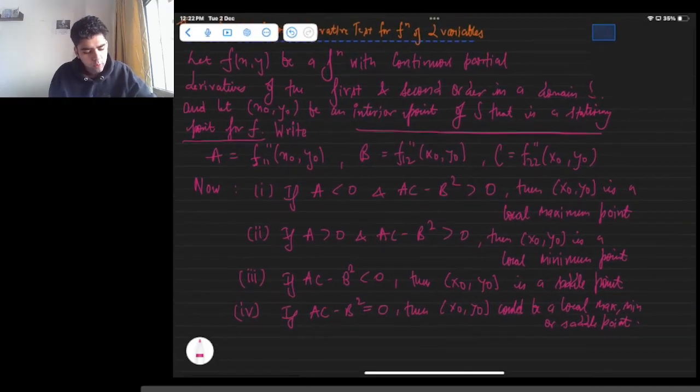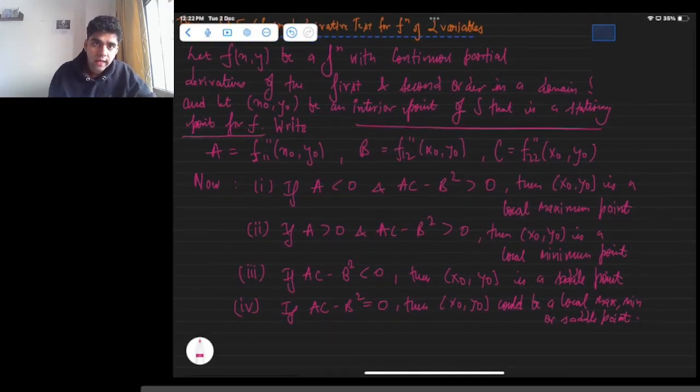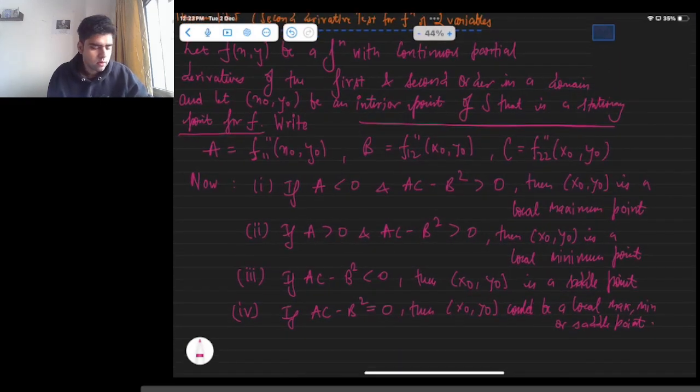After that, you have to find the second order partial derivatives. In the previous case, when you were finding stationary points, you only had to find the first order partial derivatives, right?